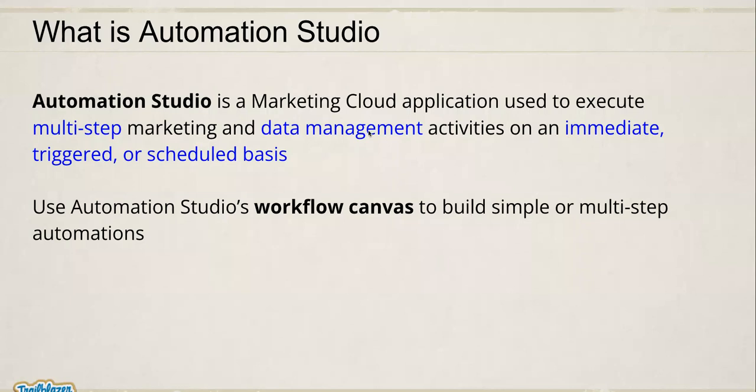So Automation Studio allows you to execute such activities in a multi-step format and on different time intervals. It could be immediate, like run the automation now itself, or it could be triggered by a certain process, which we'll see in subsequent sessions, or the automation could be scheduled to run on a specific interval, for example hourly, daily, weekly, monthly, and so on.